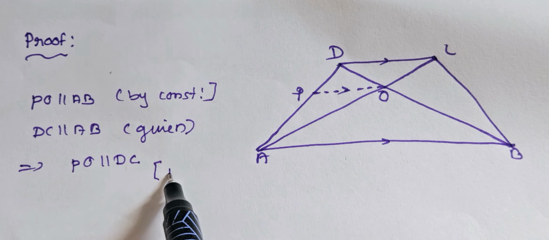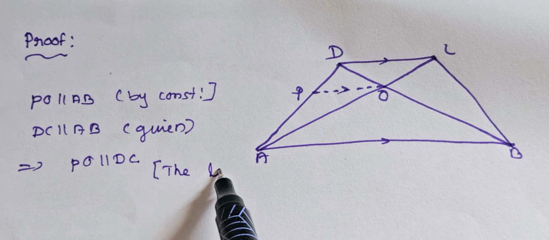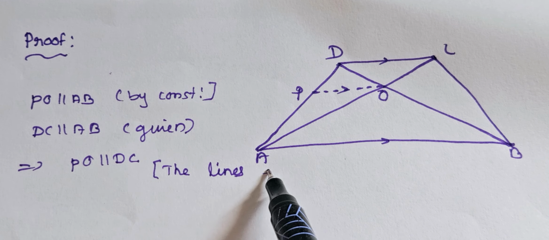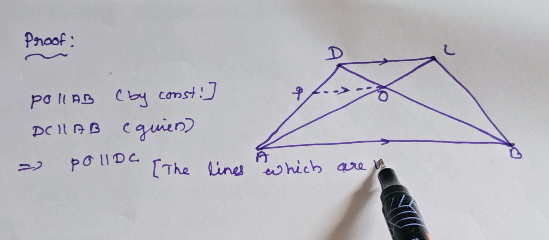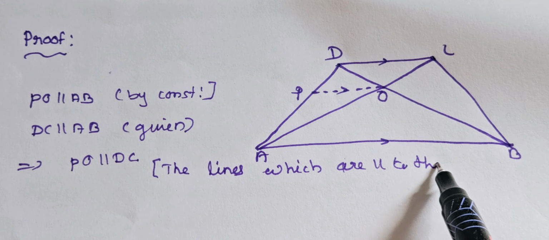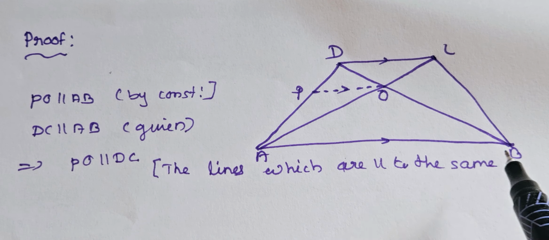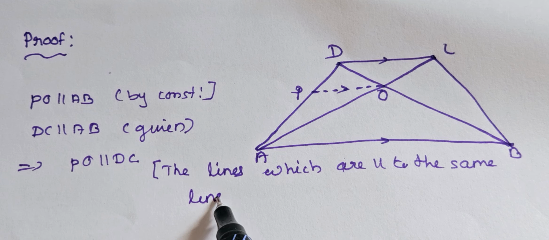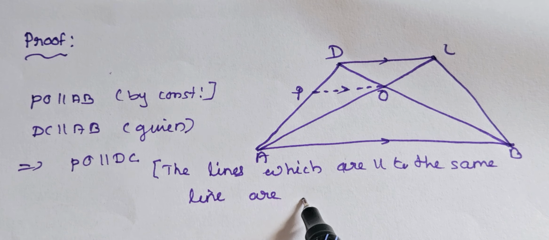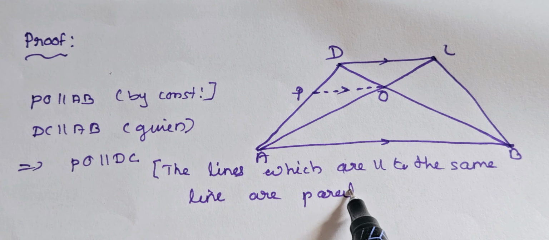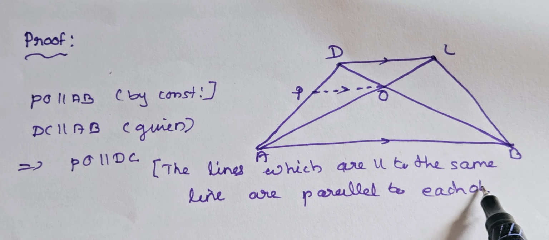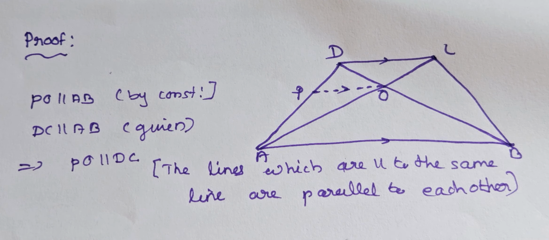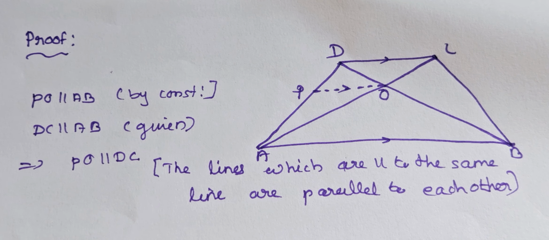Reason, the lines which are parallel to the same line are parallel to each other, isn't it? Using that property, we get PO parallel to DC.